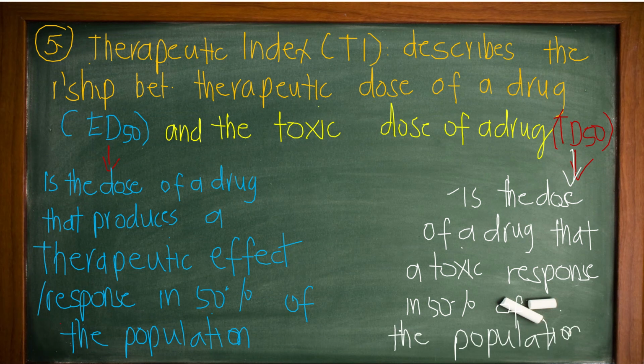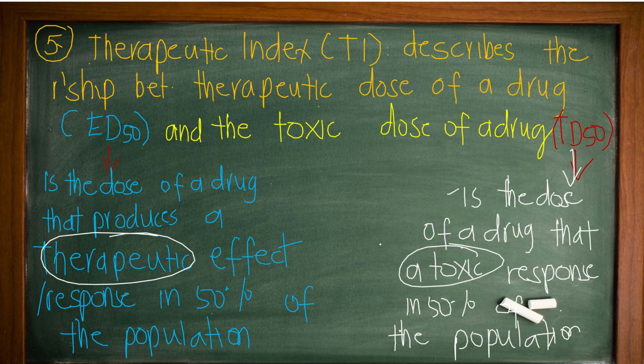So, ED50 is the dose of a drug in order to produce a therapeutic response, while your TD50 is the dose of a drug that produces a toxic response. So again, therapeutic index is the relationship between the therapeutic dose and the toxic dose. In simple terms, class, it is simply the difference between the therapeutic dose and the toxic dose.